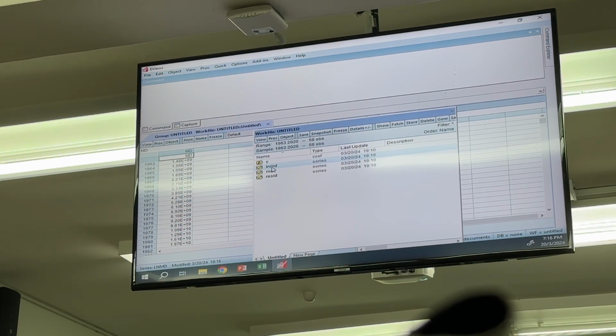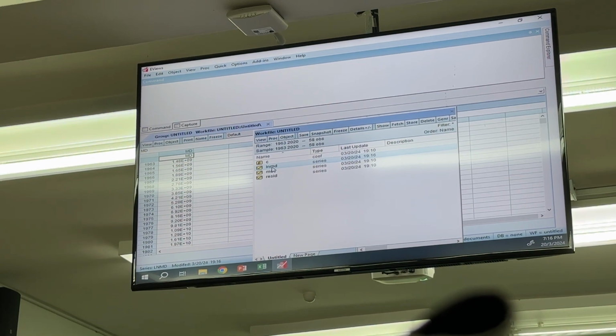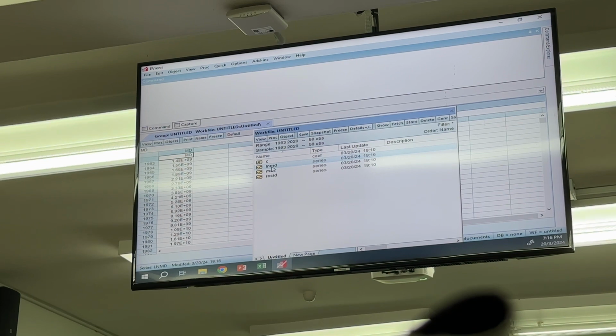Then you will start to ask, why do I need to log the series? What's the purpose for me to log the series? This is one type of modeling. In economics, when we want to estimate models, what we suggest is that for all the macro variable series, we log before we run the regression.